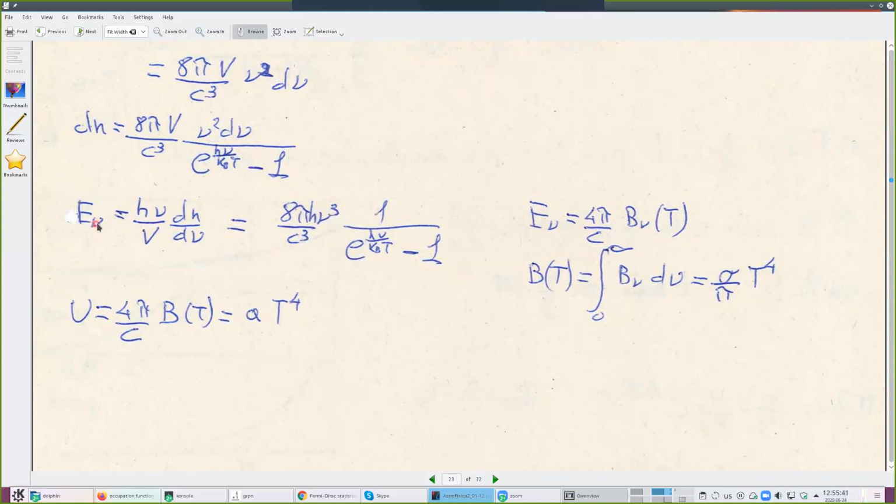To calculate the energy, this is the classical result that goes to the Stefan-Boltzmann relation: the total energy for a gas of photons, which is multiplied by T to the 4.